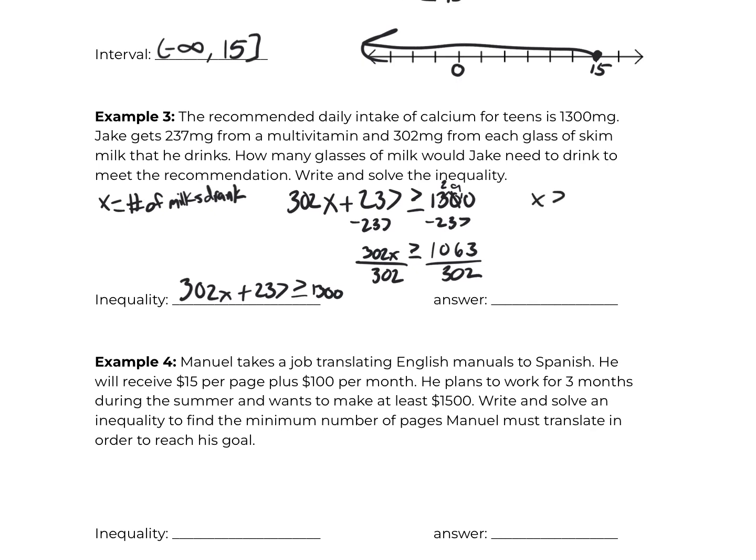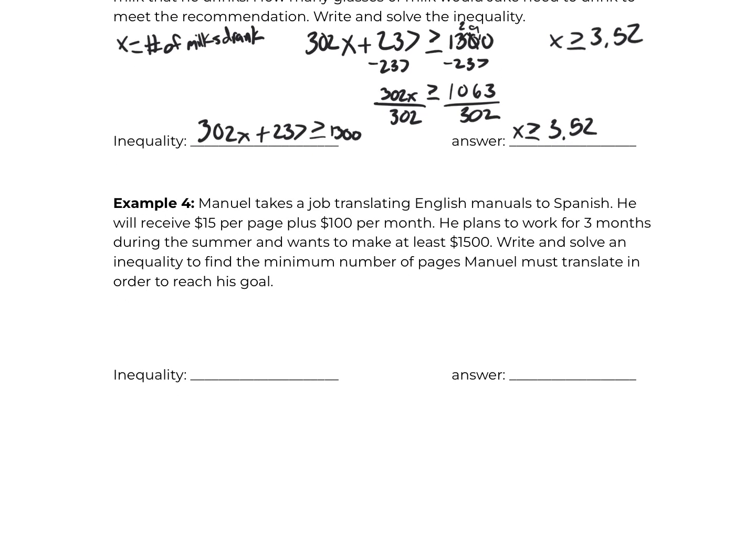And I get that x is greater than or equal to, pull up my calculator, 1063 divided by 302 is approximately 3.52. So as long as he has at least about 3.5 glasses a day, he'll meet his goal. So if he has 4, it'll be great.